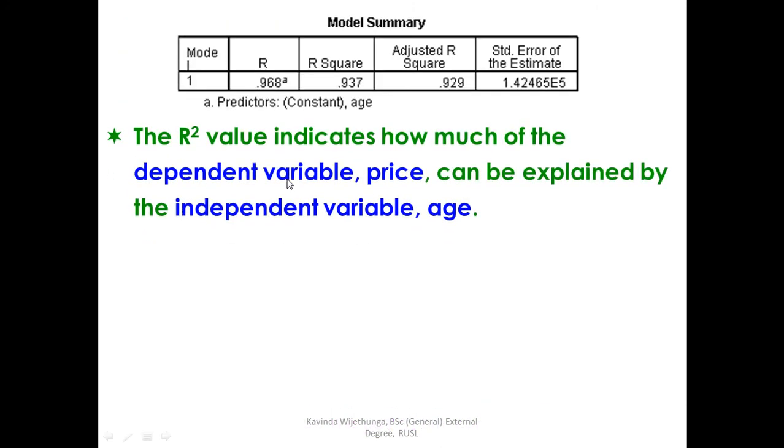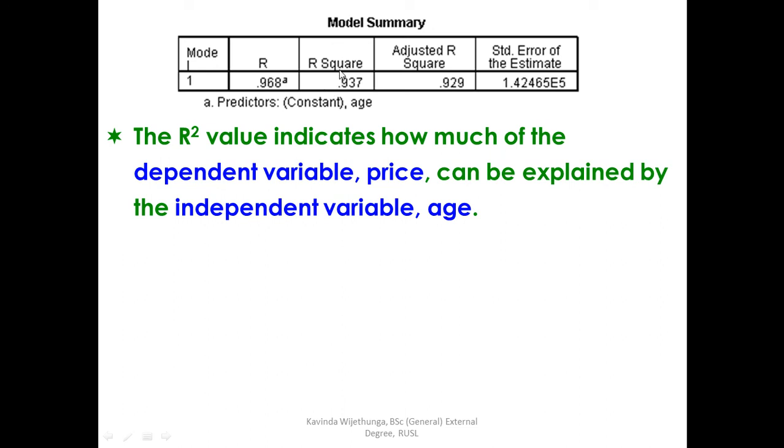And the R square value tells you how much of the dependent variable, price, can be explained by the independent variable, age, right? That is 0.937. Keep it in your mind. If the R square value is greater than 0.8, it means the dependent variable is much more explained by the independent variable. So for a good model, the R square value should be greater than 0.8.